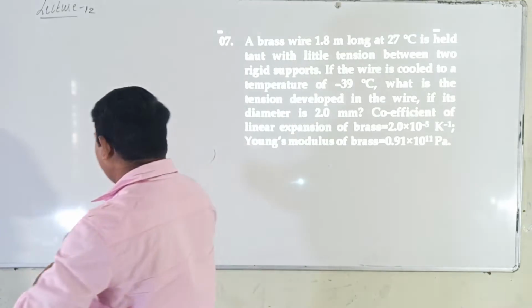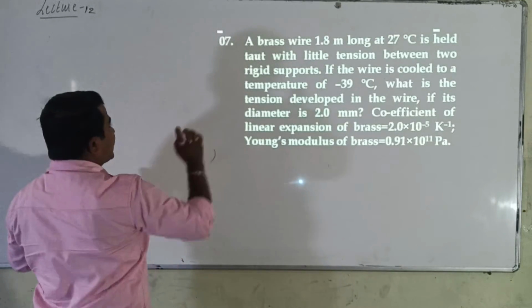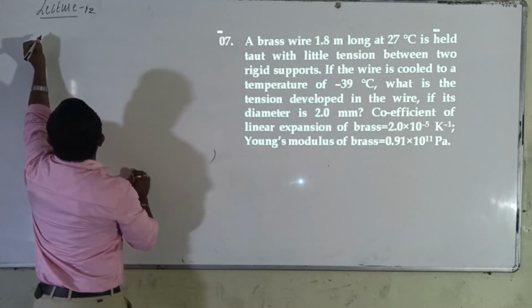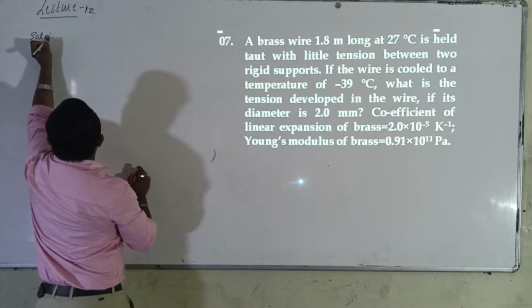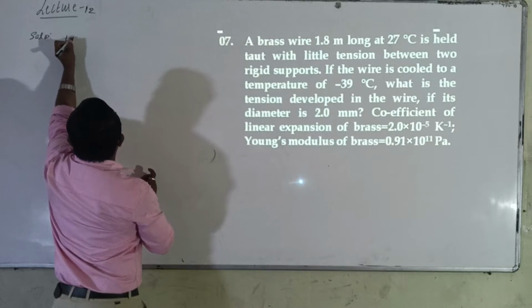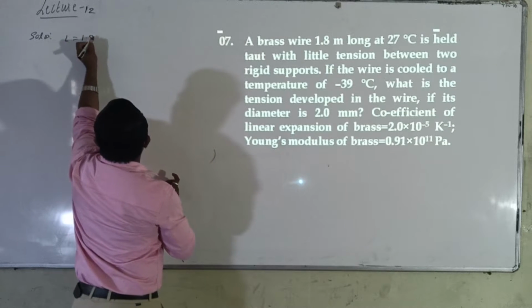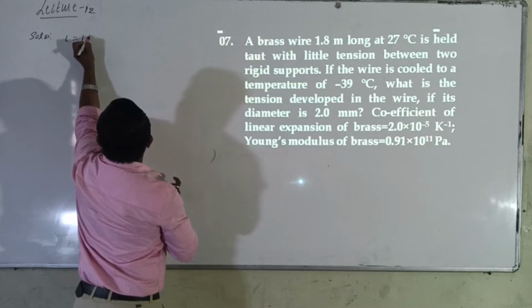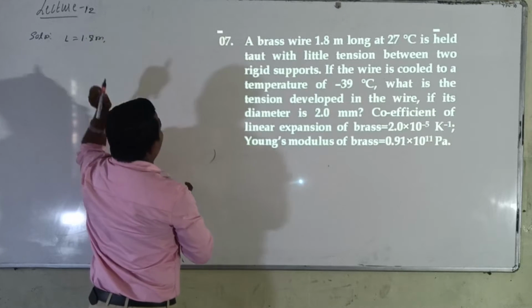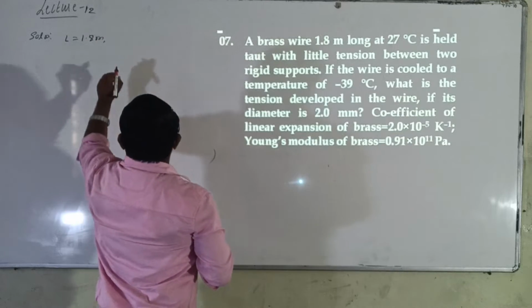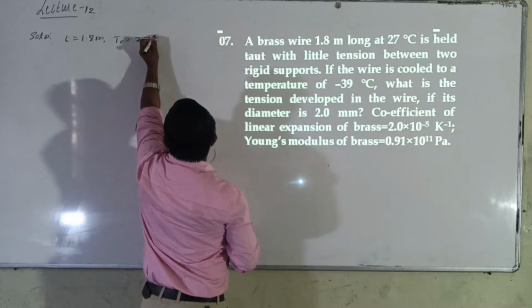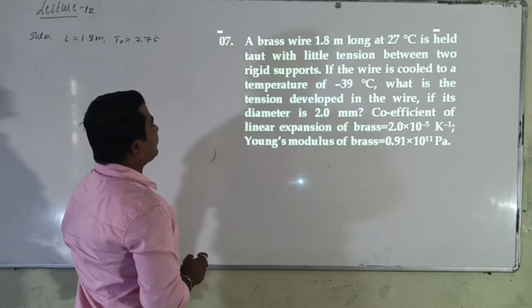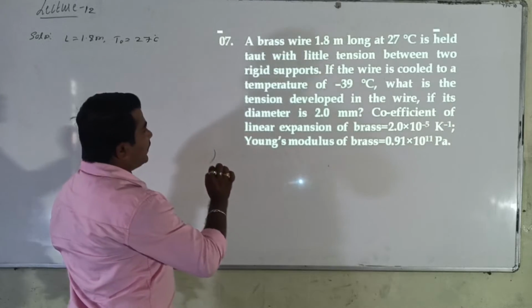Shall I go for the given values? Solution: a brass wire of length L, 1.8 meter at the temperature 27 degrees Celsius, held taut between two rigid supports.